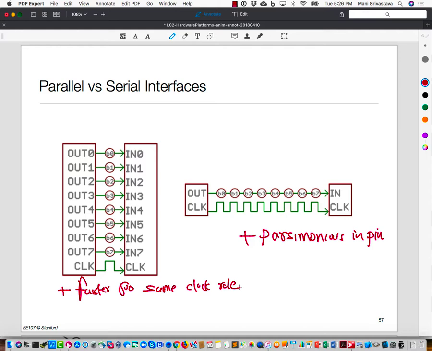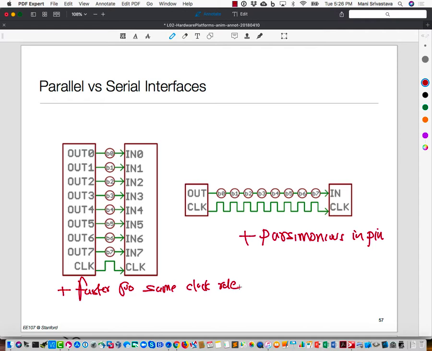Okay, and the issue is the following. Let's say I'm sending all the bits in parallel out here, and I'm sending them over a long distance. Then each one of these wires, if they are even slightly different in length, I may send the bits out at the same time, but they may arrive at the other end quite staggered, right?